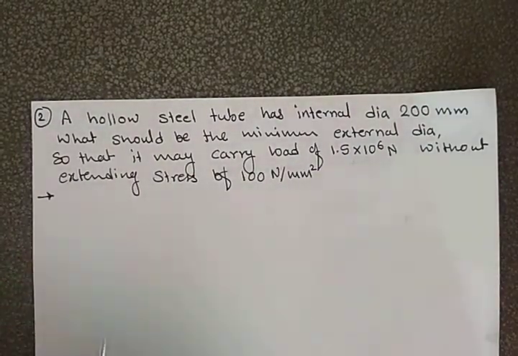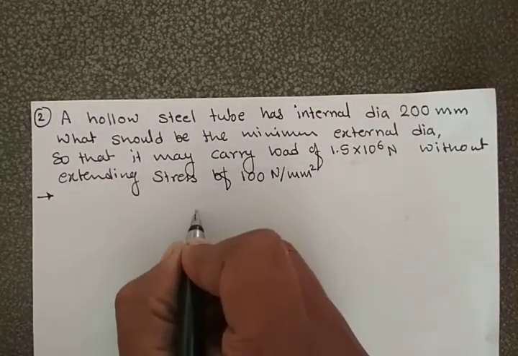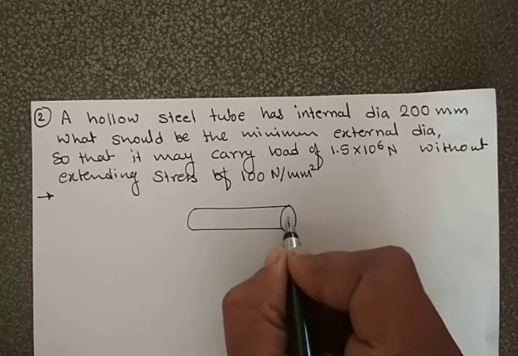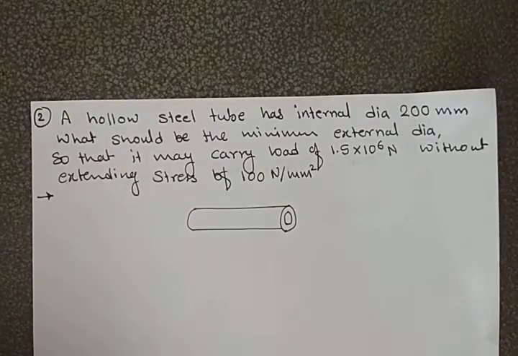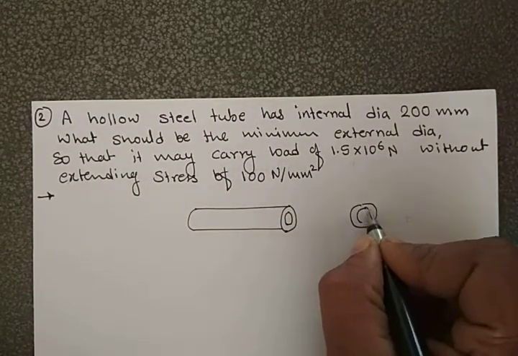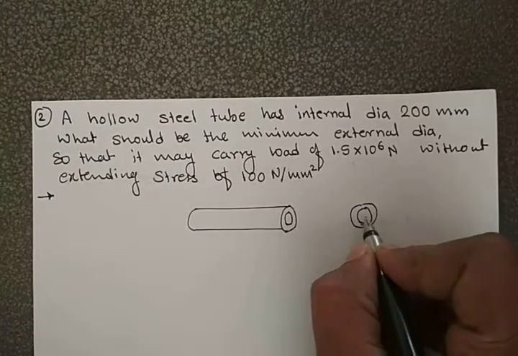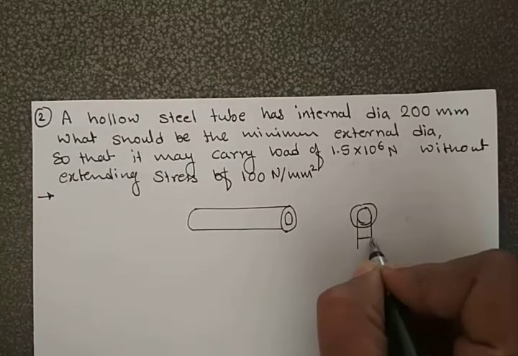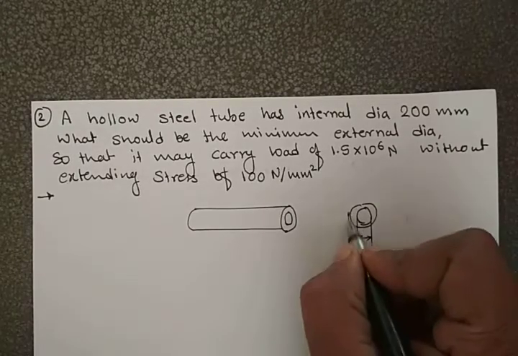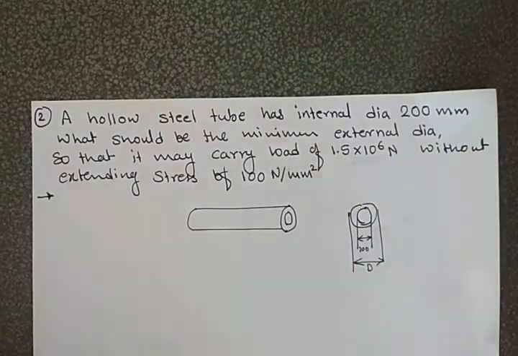So to understand this problem, there is a tube like this. The side section of this is like this. Now they have given the internal diameter, that is 200, and we want to find this external diameter.